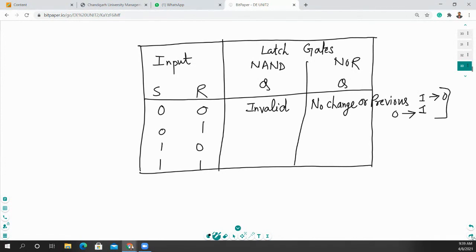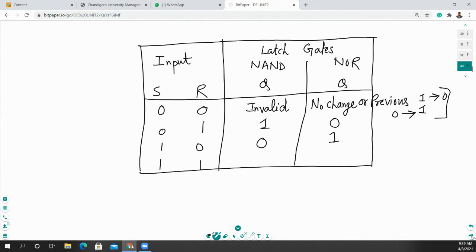Okay, when you provide a 0 1 input, you will get output equal to 1, and in case of NOR you will get 0. When you apply the input 1 0 to the SR flip flop, you will get output 0, and there is the inversion.